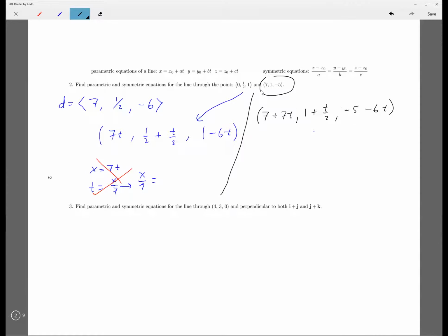Okay, so if we use this point instead, then we have 7 plus 7t equals x. Then that means t is going to be (x minus 7)/7. And so the symmetric equation is going to start like this.